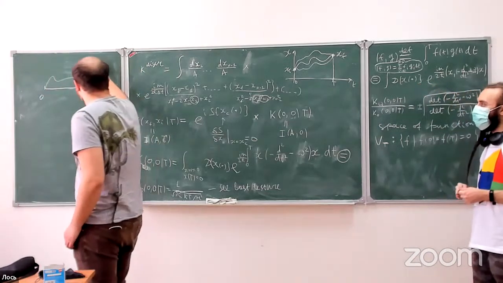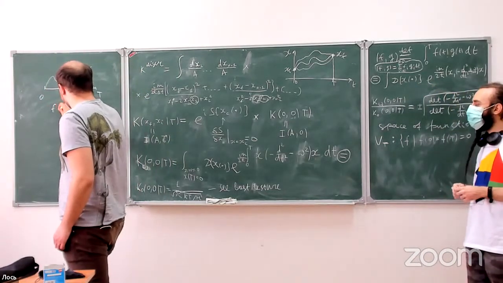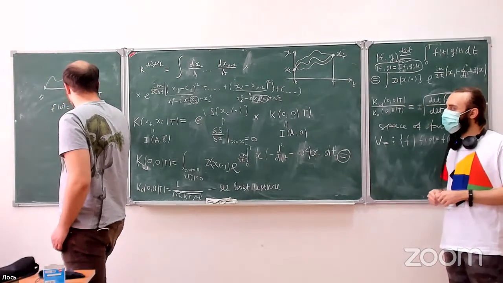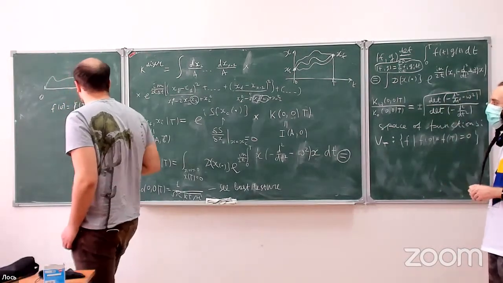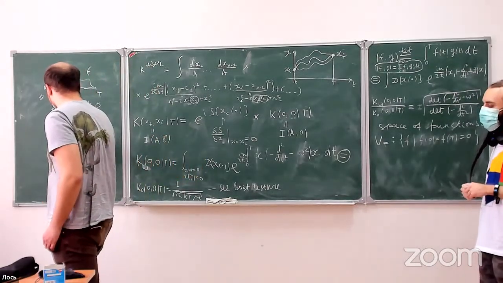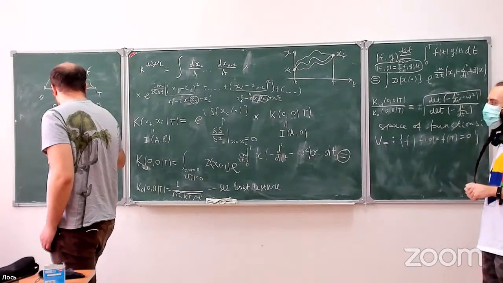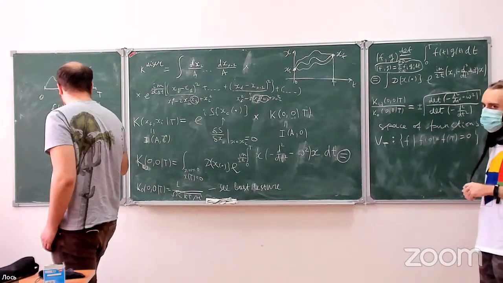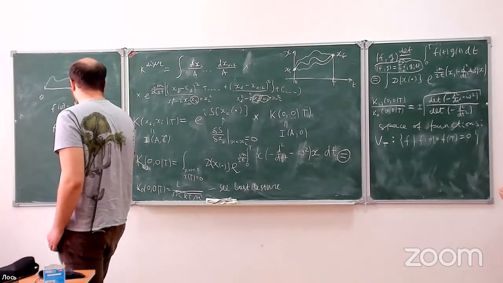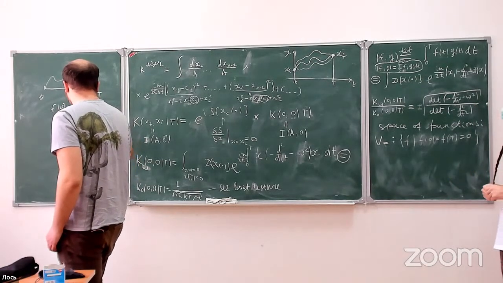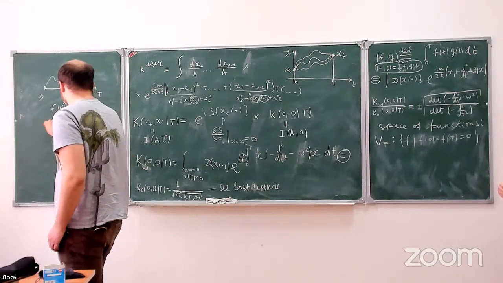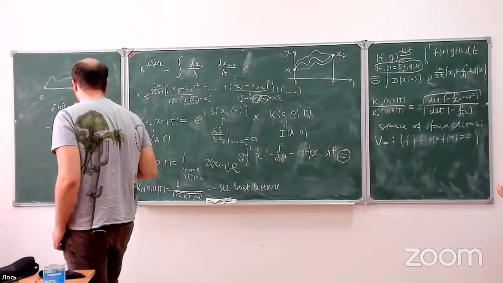Рассмотрим функции, которые равны функции f(t), и мы будем искать собственные числа: минус вторая производная минус омега квадрат равняется лямбда.